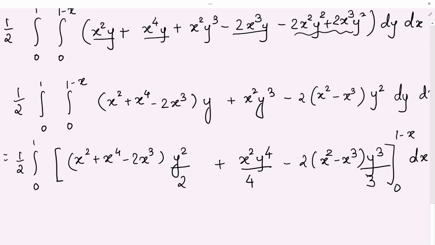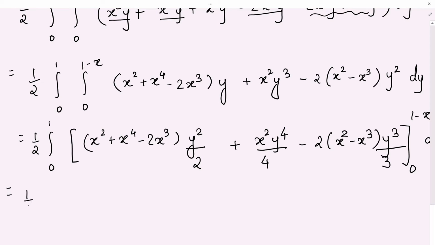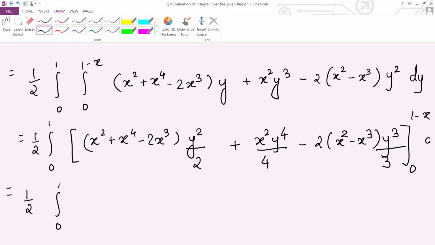So after substituting the upper limit and simplifying further, I will get like this. So this will be 0 to 1. Now you can see this term will get cancelled, 2x cube y square, and here also you have 2x cube y square.